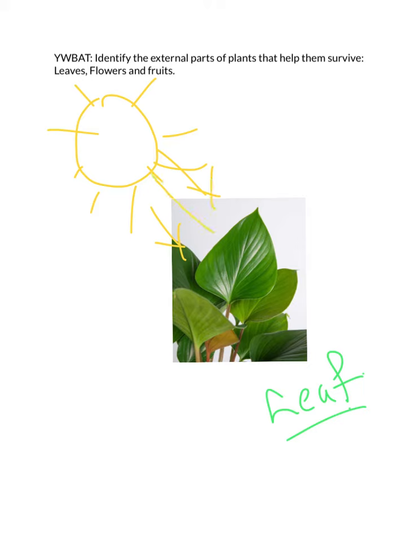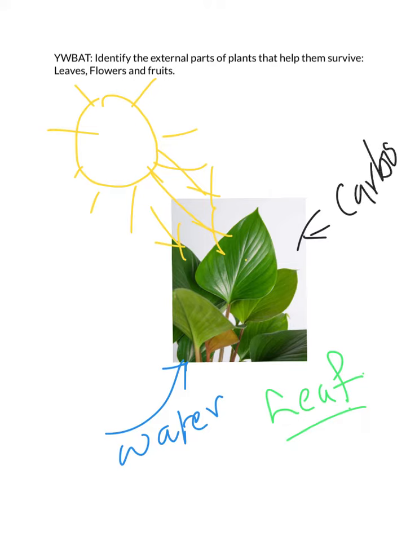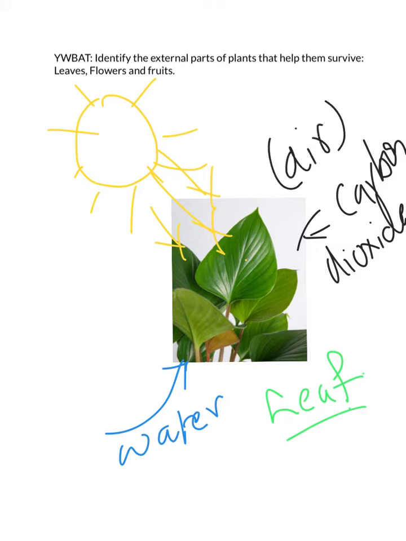When the sunlight reaches the leaves, and the water from the roots reaches the leaves along with the air, that is the carbon dioxide, it helps the plant to make its food.